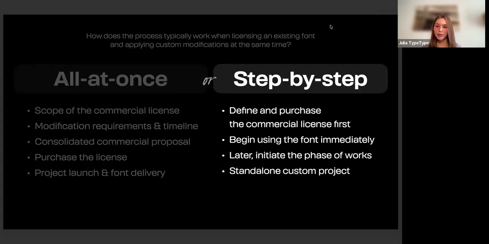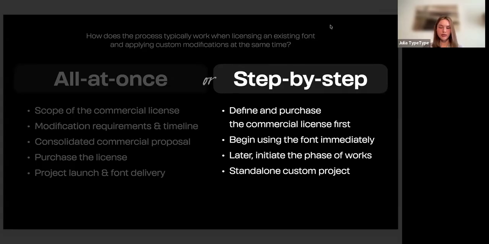Or a step-by-step approach is the second option. Let's say if a customer decides to postpone the projects, we have some cases like this. They either already own the license, they're an existing customer, or they decided to just divide these two projects and handle the second part at a later point of time, given their current capabilities and workload.